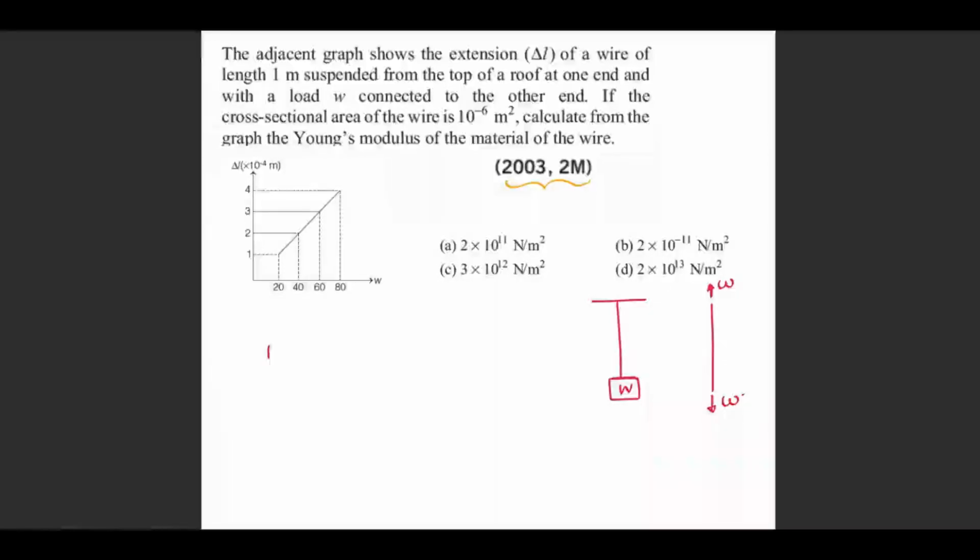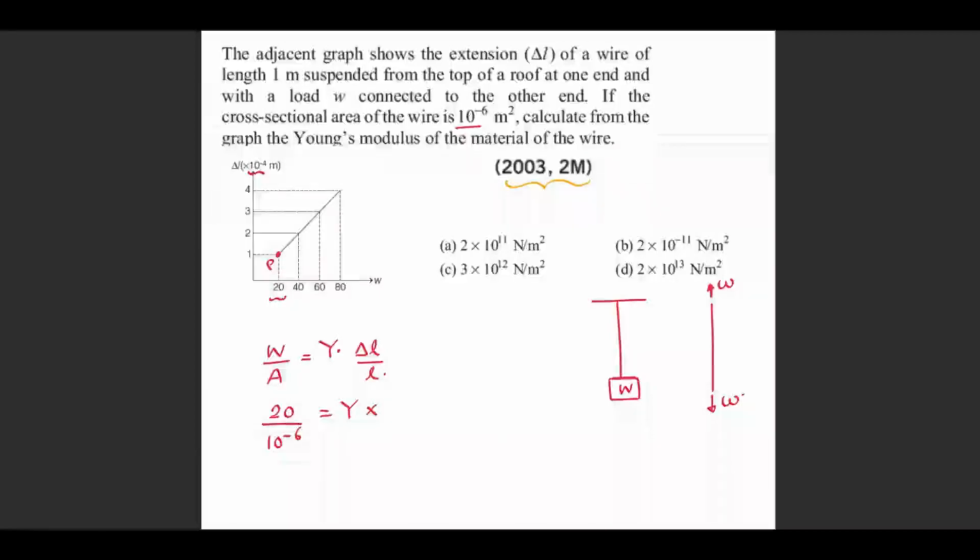Therefore, from Hooke's law, stress equals Young's modulus into strain. Suppose I take this particular point P. At that point W is 20. Cross-sectional area is given as 10 to the power minus 6.